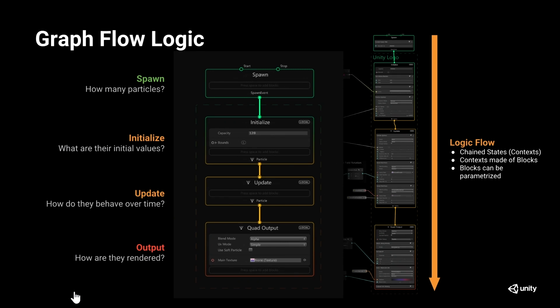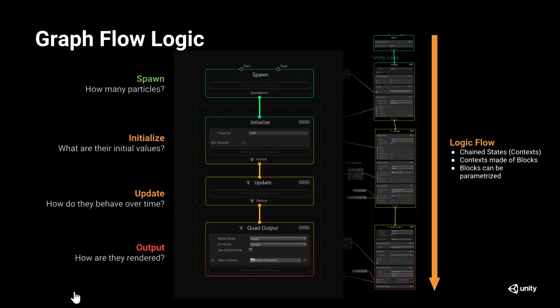The graph flow is hybrid, as I said earlier, and we have first a vertical flow with a succession of states that we call contexts. Basically, every context will handle one stage of processing. So we have the spawn context that will just trigger an amount of particles to create.